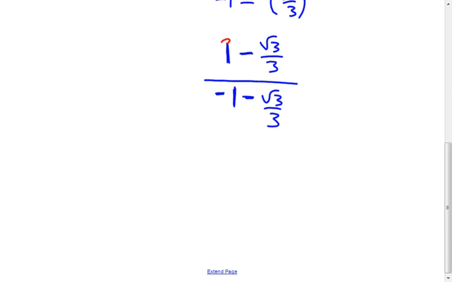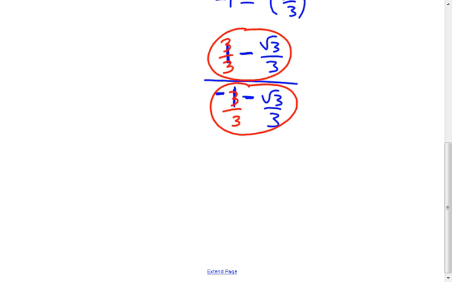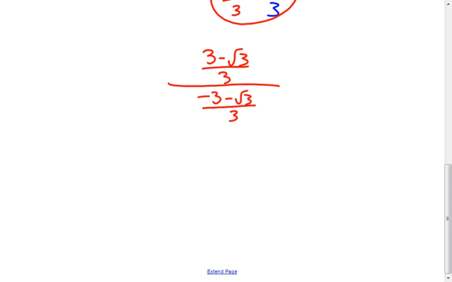Okay? So we have some work to do here. We need to take this 1 and get it into common denominators so that I can get this as one fraction. And same thing here, my common denominator, I need to make that be 3 over 3 so that I can get this as one fraction. And then on the top right here, I will have 3 minus root 3 over my common denominator, which is 3. And on the bottom, I'll have negative 3 minus root 3 over my common denominator, which is 3.